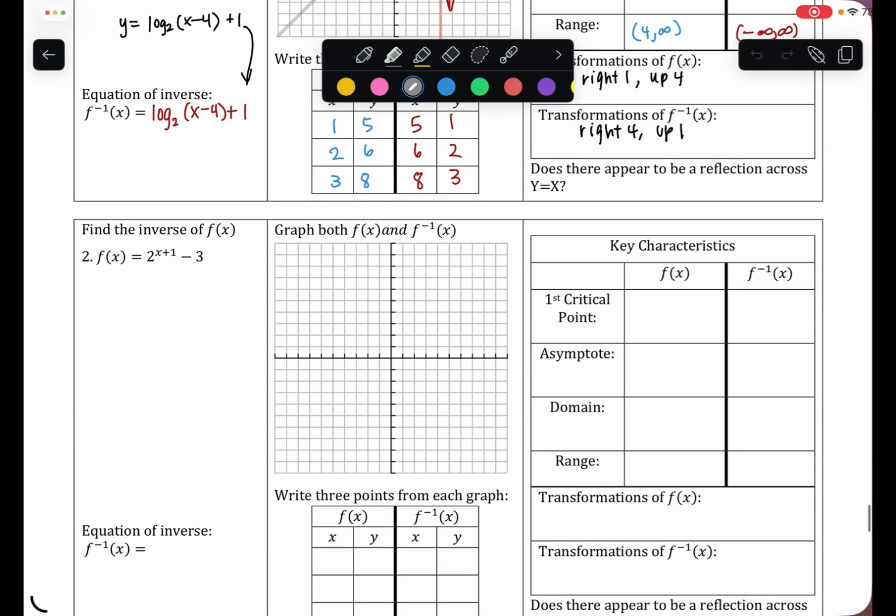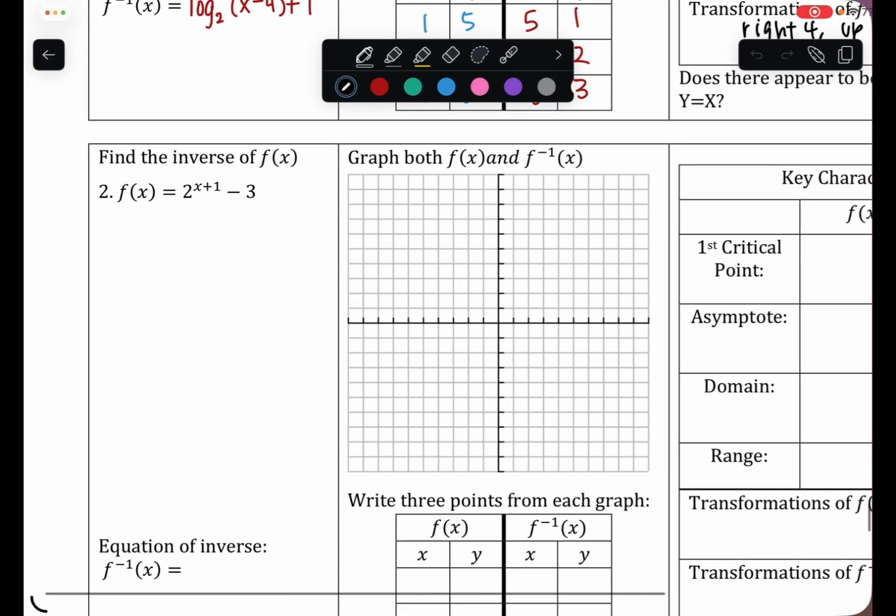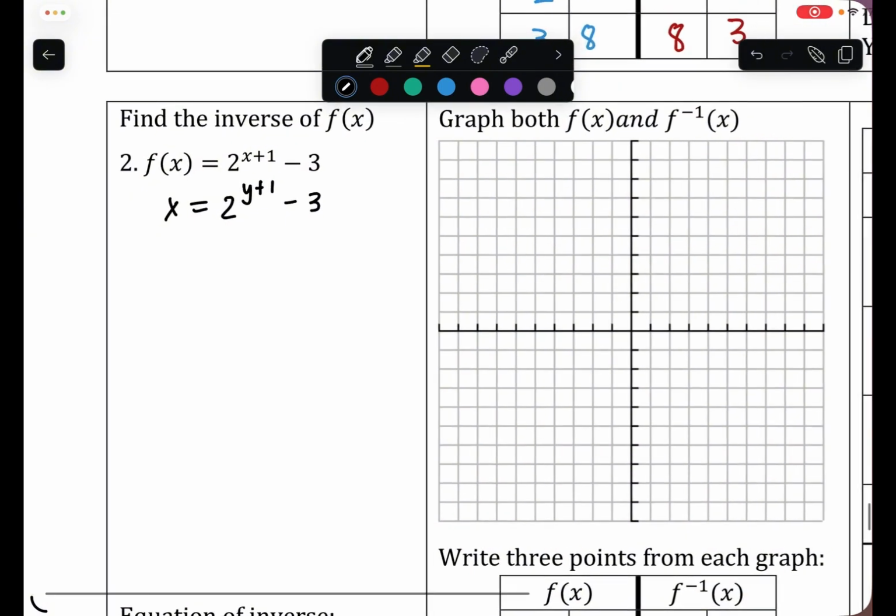So for this next example, I am going to start by just finding the inverse algebraically. So I switch the x and the y, and then we have to re-isolate y, which means I need to isolate this exponential expression. And so my first step is to add the 3, since it is not part of the exponential expression.